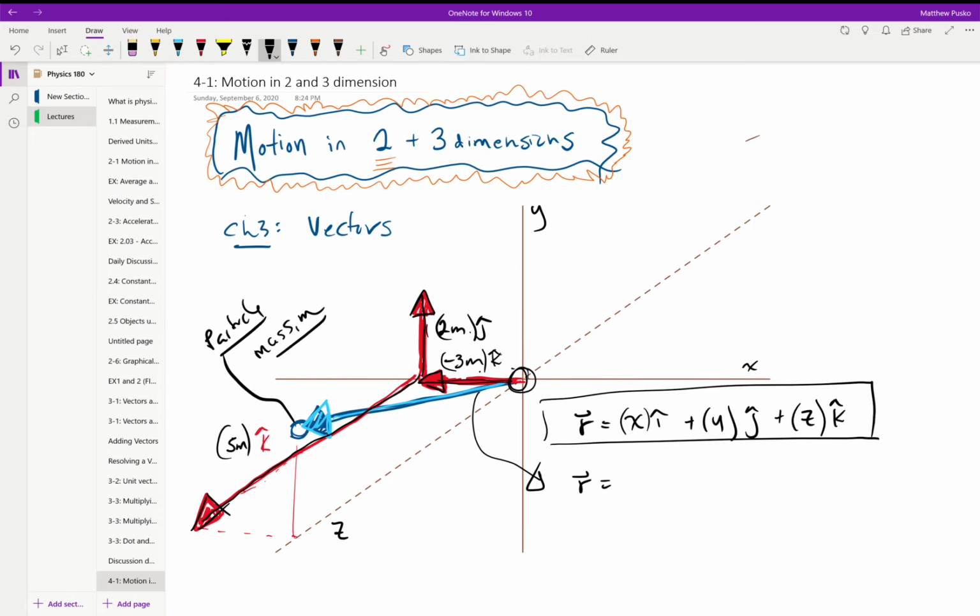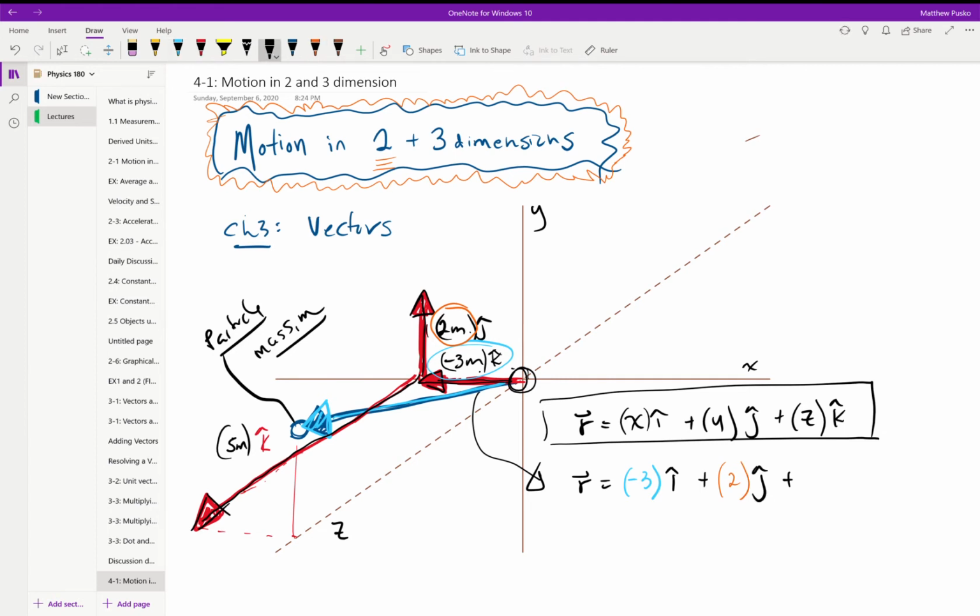So if I take that x component, I get a negative 3, and that's in the i direction. If I take the y component, I get a positive 2, and that is in the j direction.